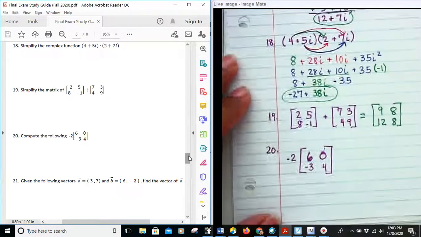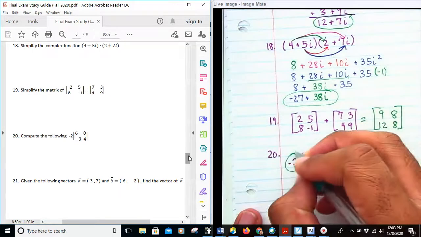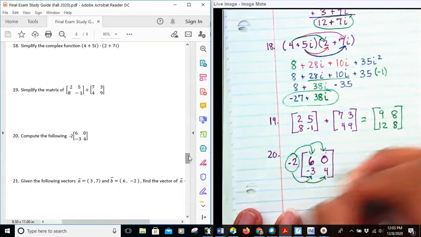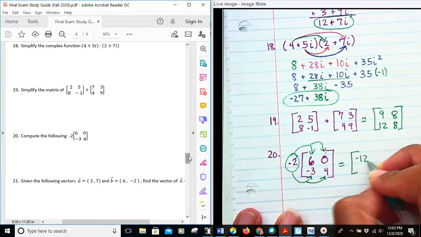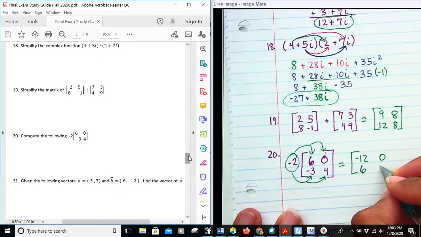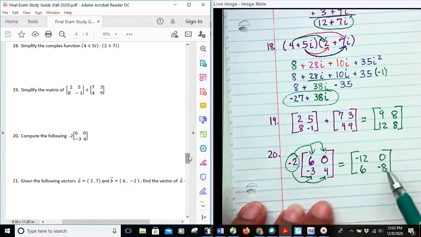I'm going to distribute that to everything in here. This is what we talked about again when we did scalar multiplication. We multiply. So if we do that, that'd be -12. That'd be 0. That's +6. And that is -8. -2 times 6 is -12. -2 times 0 is 0. -2 times -3 is 6. -2 times 4 is -8.